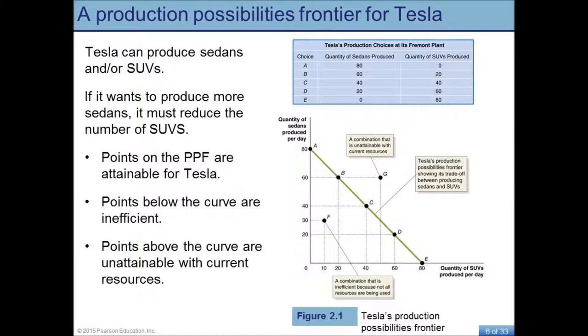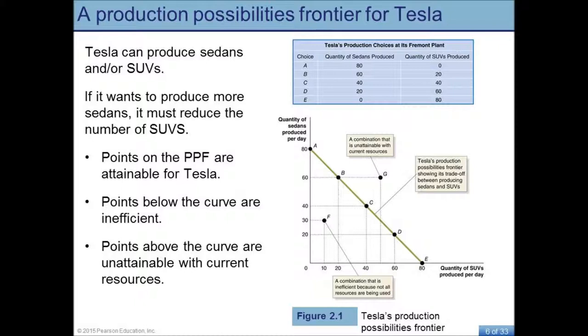So points G and F are certain points we need to talk about. G is unattainable. We don't have enough resources to reach that point, so it's impossible. Point F is a point we can reach because it's under our curve, but it actually shows inefficiency, right? Because I'm only making 30 sedans and 10 SUVs when I could be making more.